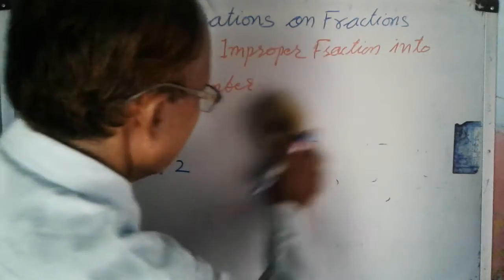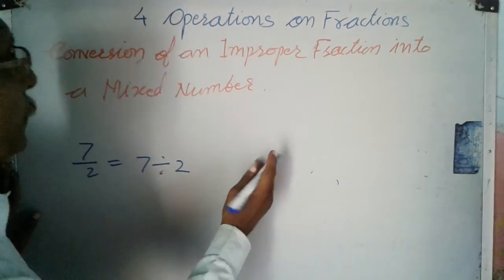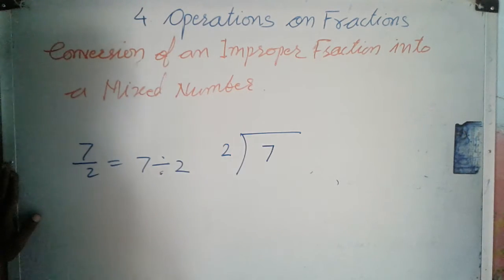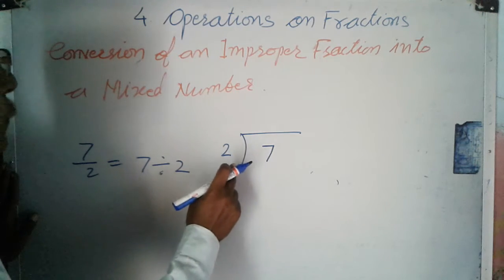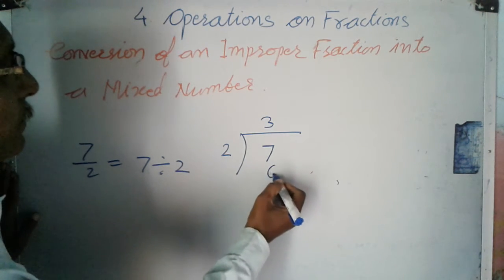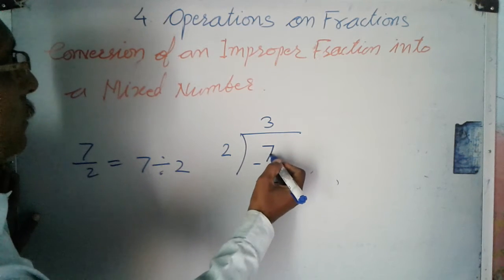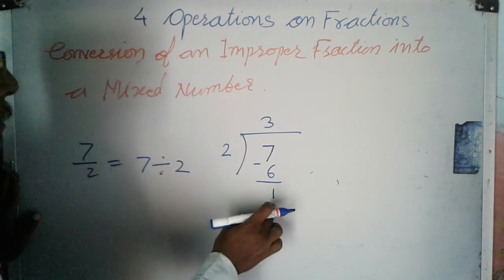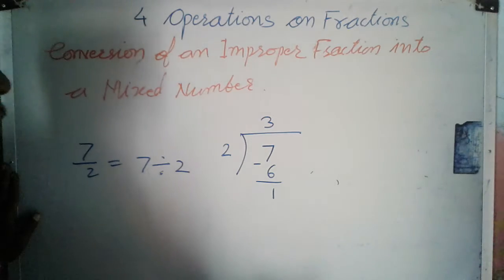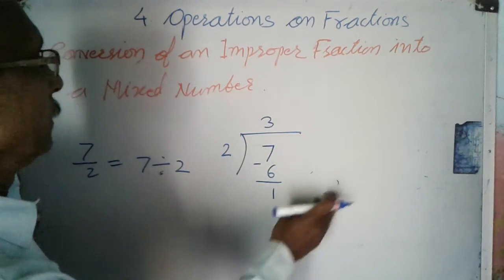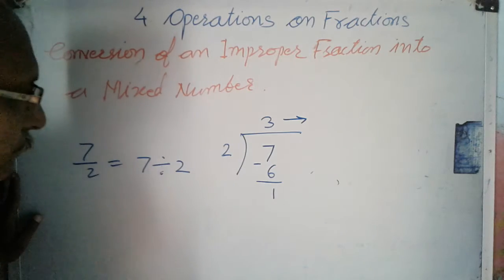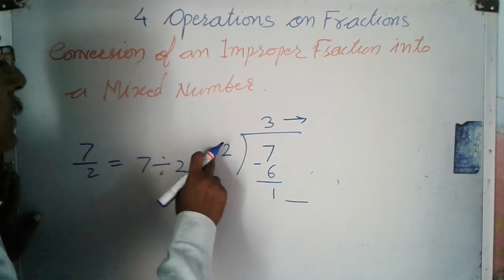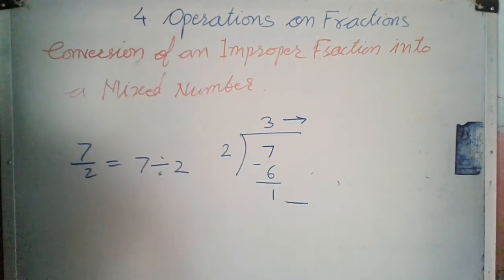So we will divide 7 by 2. 2 ones are 2, 2 twos are 4, 2 threes are 6. 7 minus 6, we get 1. Here the remainder is 1. The remainder is less than the divisor, so we cannot divide further. Here 3 is the quotient, 1 is the remainder, 2 is called the divisor, and 7 is called the dividend.